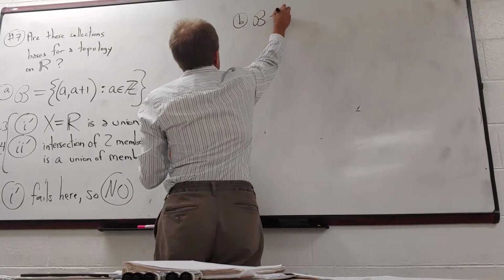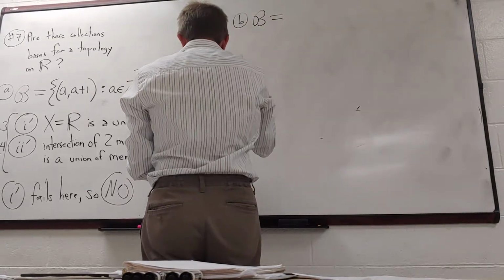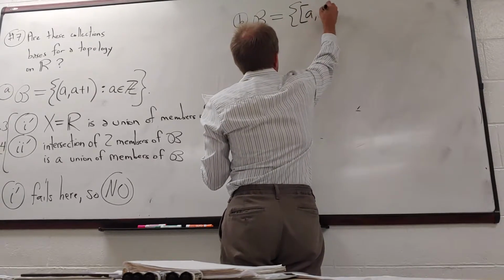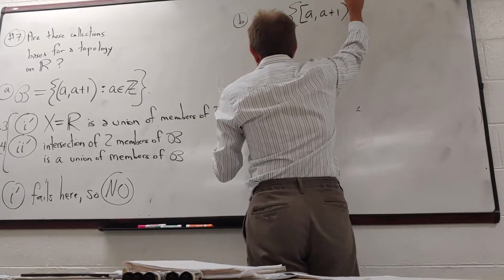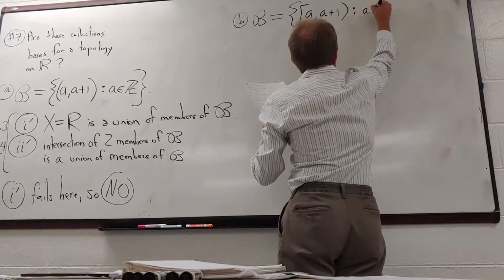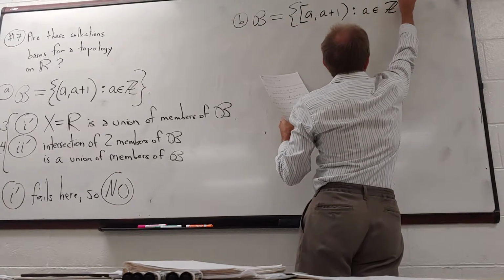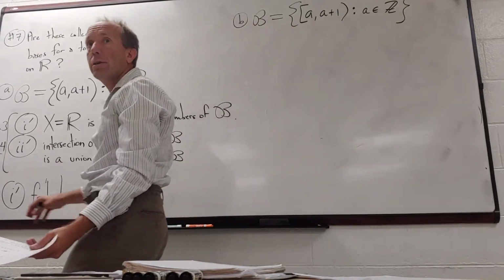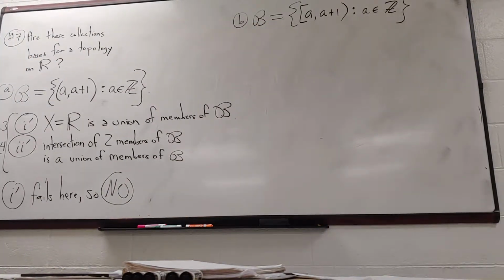Let's take script B to be the set of closed intervals from A to A plus 1 such that A is an element of Z. What do you think? Is the whole real number line going to be a union of those guys?